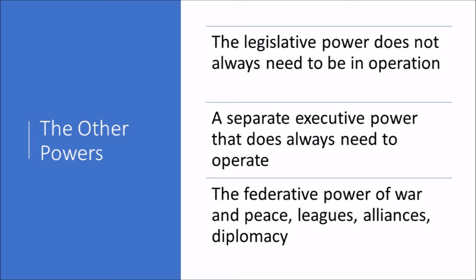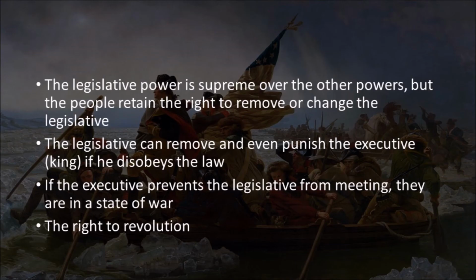Then in the same chapter 13, Locke makes quite a big point of saying that though the legislative power is supreme over the other powers, namely the executive and the federative here, the people always retain the right to remove or change the legislative.